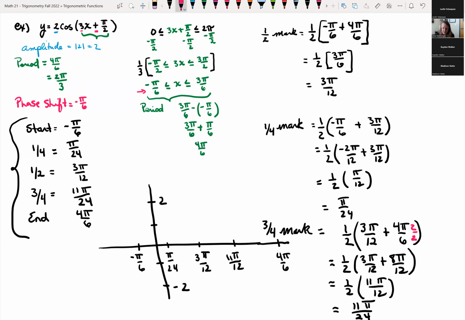My coefficient in front of cosine is positive 2. So at negative pi over 6, I'm going to have 2. At pi over 24, I'm going to hit the x-axis. At 3 pi over 12, I'm going to hit negative 2. At 11 pi over 24, I hit the x-axis, and then at 4 pi over 6, I'm going to hit 2.